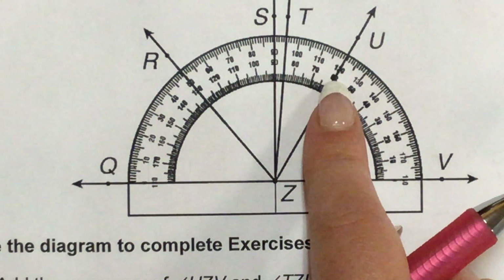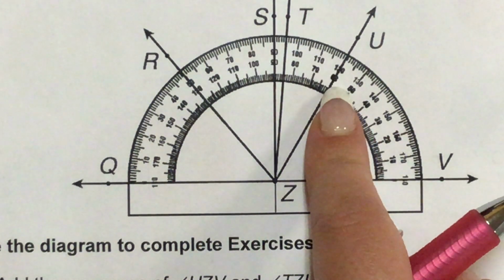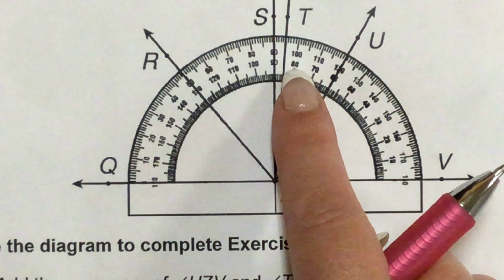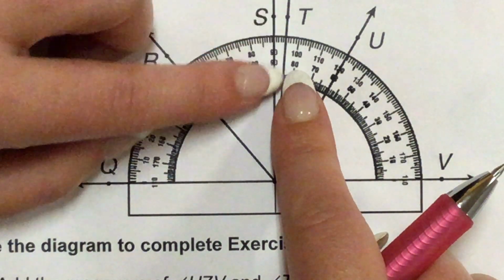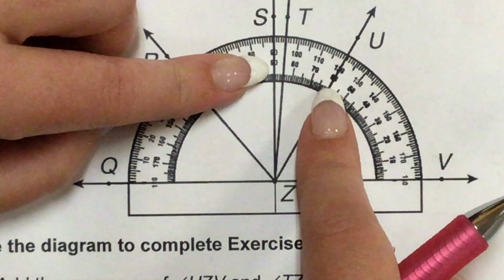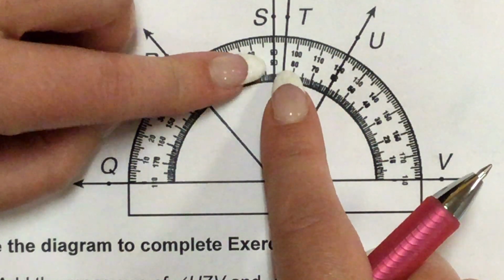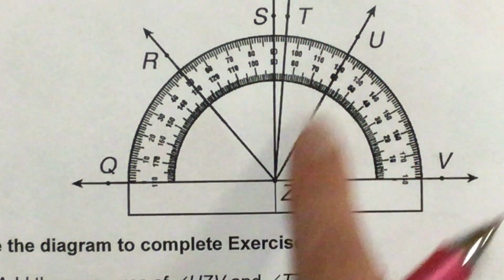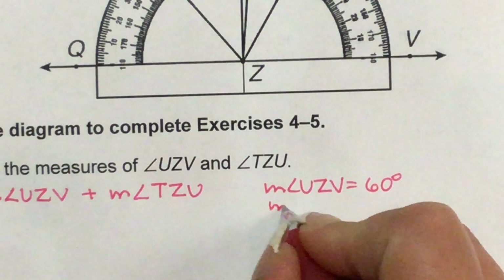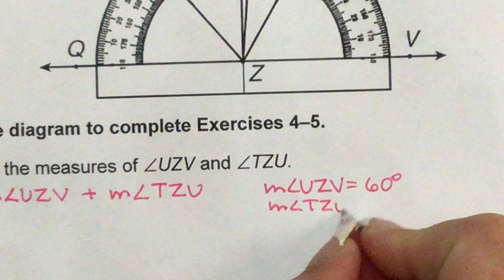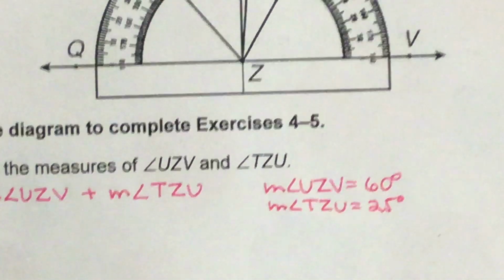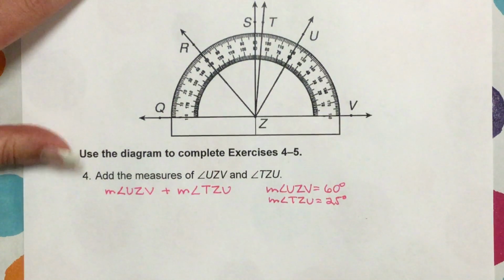So I'm going to start here and then just count by tens. 10, 20, and T looks like it's halfway between 80 and 90, so that means it's 5. So that's going to make it 10, 25. So the measure of angle TZU is equal to 25 degrees. I'm going to zoom back out.